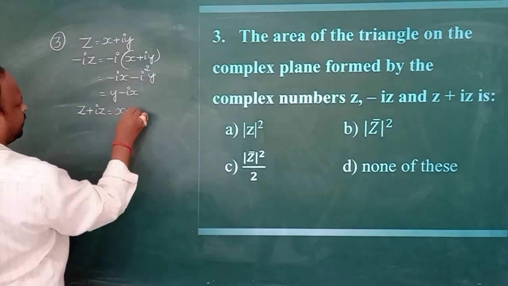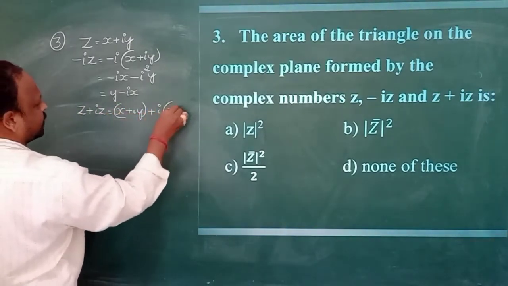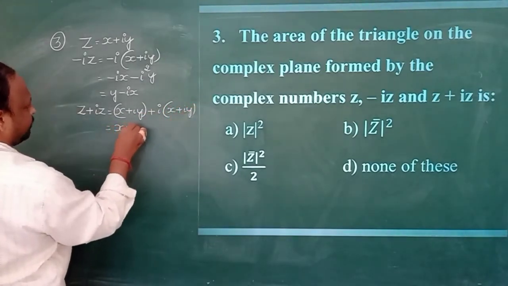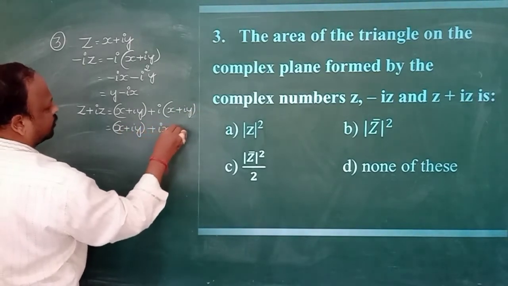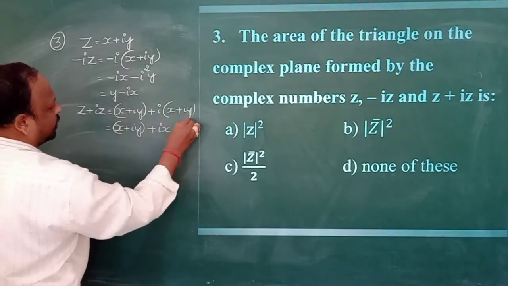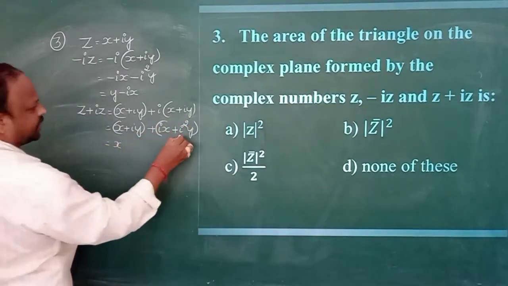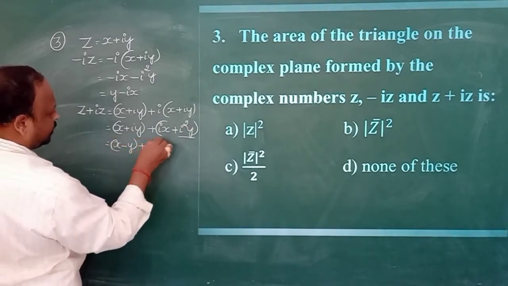And z plus iz is x plus iy plus i into x plus iy, that is x plus iy plus ix plus i square y. So this will be, i square is minus 1, x minus y plus i into x plus y.